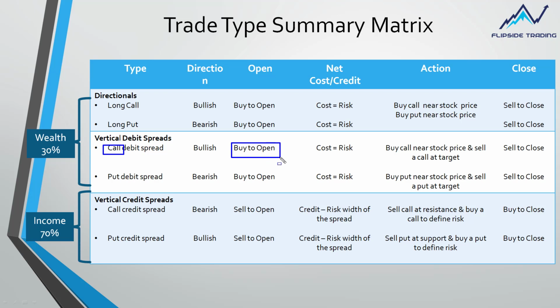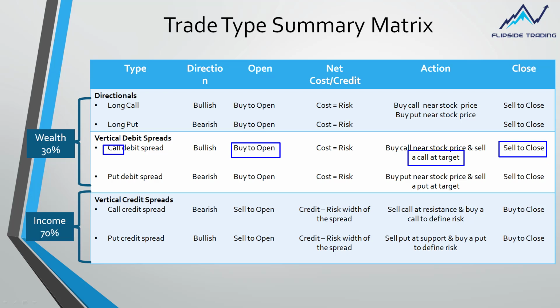Now we're going to minimize our risk by reducing the overall debit, and minimize the asset depreciation by selling a call at the target. That's a spread. We have a combination of two options. We bought one to open, and we're selling a call as well. Since it's a debit overall, we're going to sell it to close.